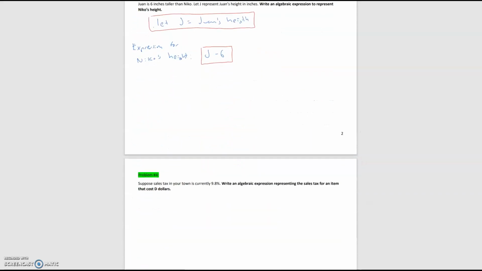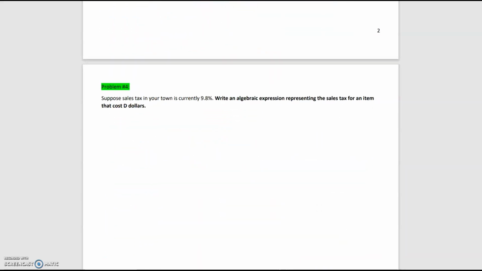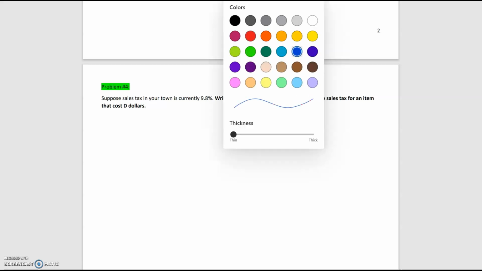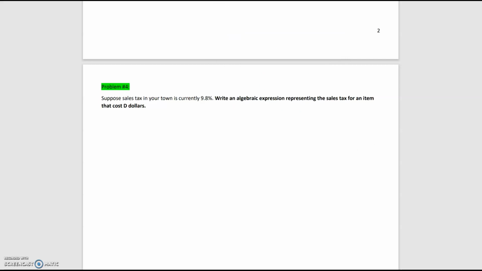Okay, let's move on to problem 4. On problem 4, they're telling us that there's a sales tax that is 9.8, and they want an expression that represents the sales tax for an item that costs D dollars. So let me just declare the variable. In this case, let D equal the cost of an item. And in this case, they want the expression.